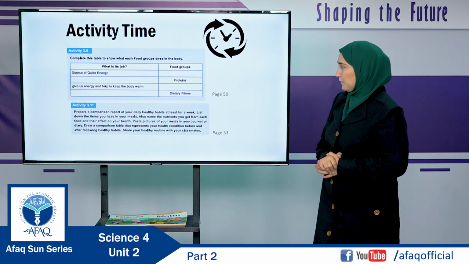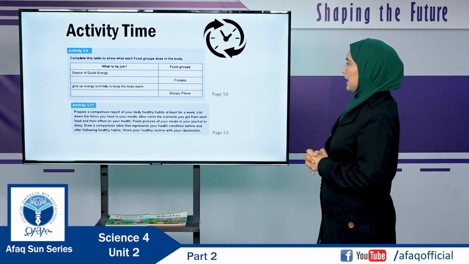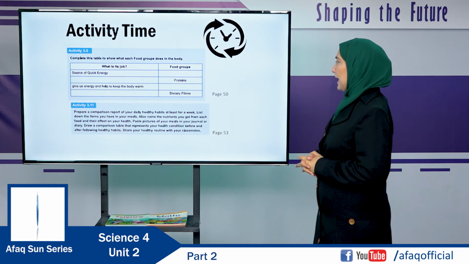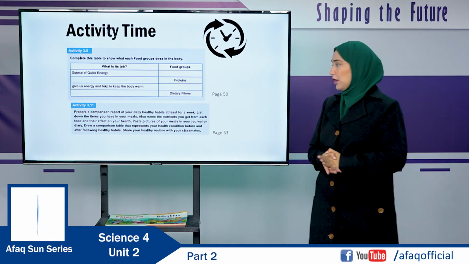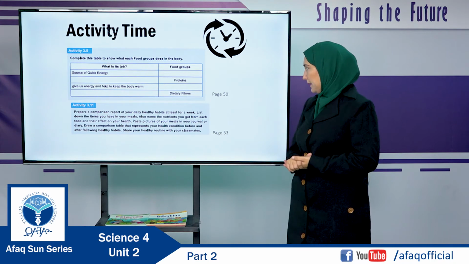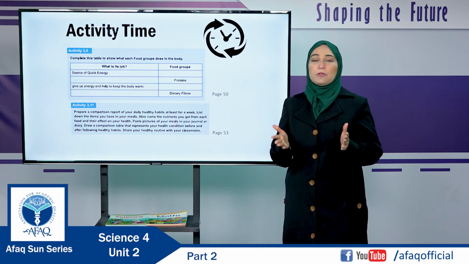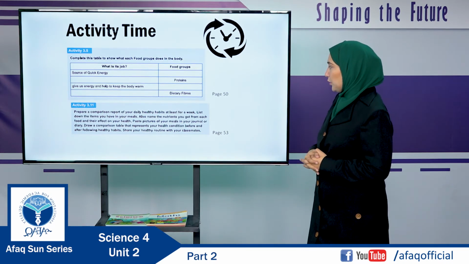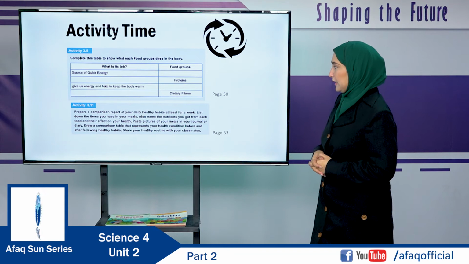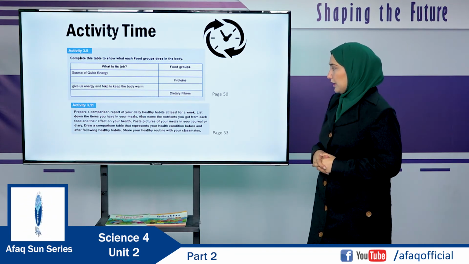And on page 53, another activity is given, that is, prepare a comparison report of your daily healthy habits for at least a week. You have to prepare a report for a week about your daily healthy habits. List down the items you have in your meals. Then you have to list down all those items you eat in a day. Also name the nutrients you get from each food and their effects on your health. Paste pictures of your meal in your journal or diary.